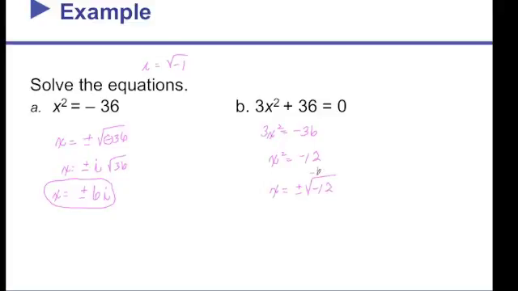Well, that's negative 1 times 4 times 3. So x equals plus or minus the square root of negative 1 is i, the square root of 4 is 2, and 3 does not have a perfect square, so it stays underneath. So x equals plus or minus 2i times the square root of 3 becomes that solution.